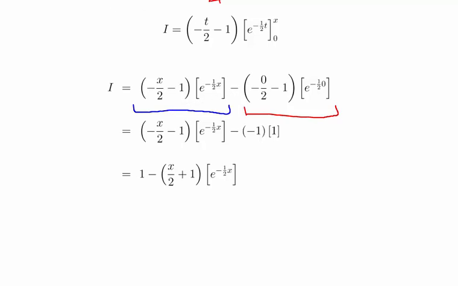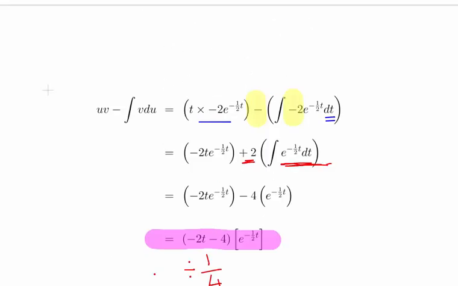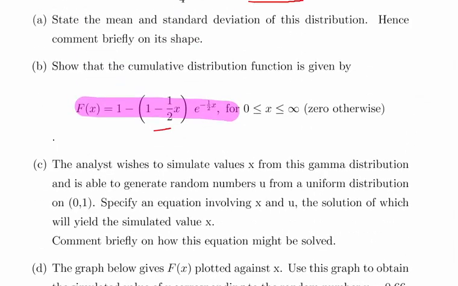The lower limit essentially just resolves itself to plus 1. So we end up down here with this expression, 1 minus (x over 2 plus 1) times the exponential of minus 1/2 of x. And essentially that is what we're asked to do in the question. That's exactly what we're asked for.